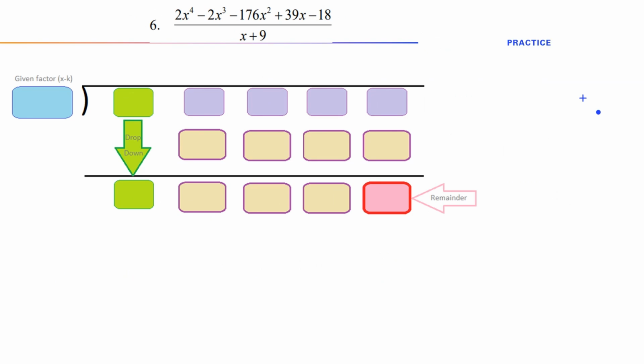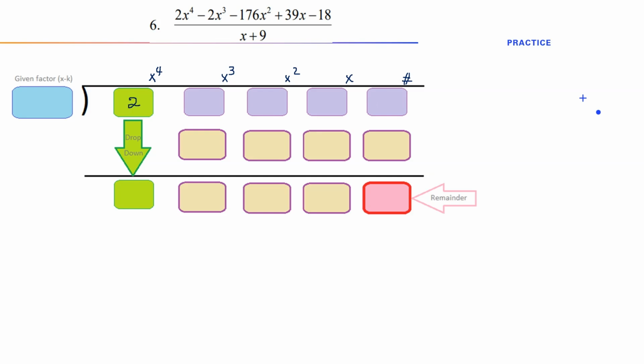Alright, we go back with the short one. x to the 4, x cubed, x squared, x and then the number, right? We have to list all of them out so it's easy to see.